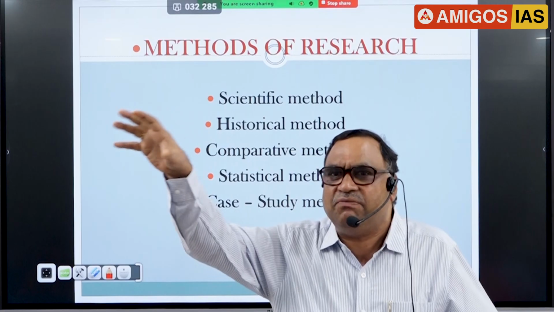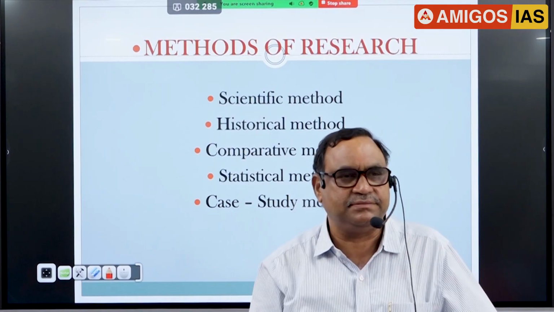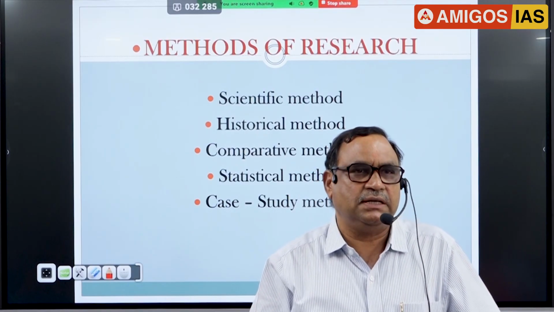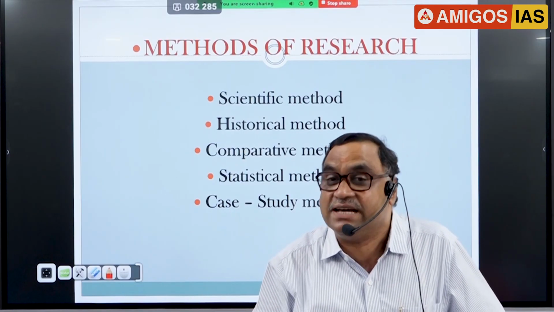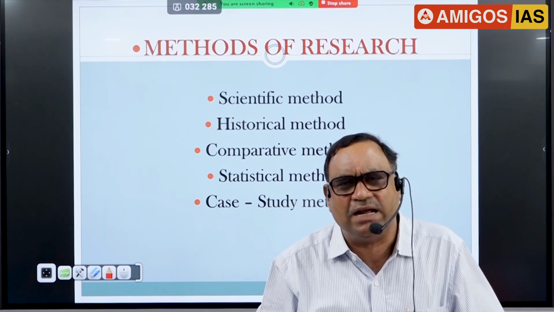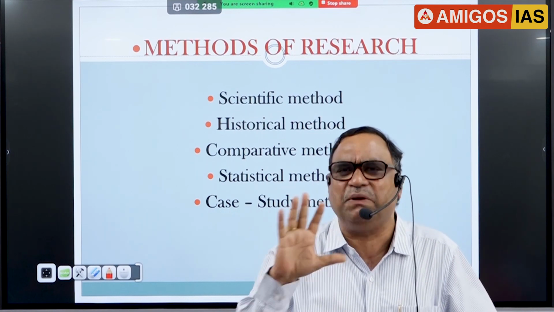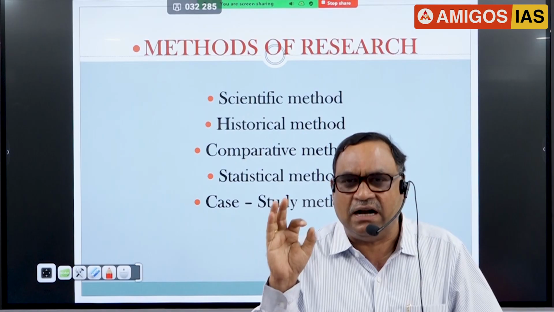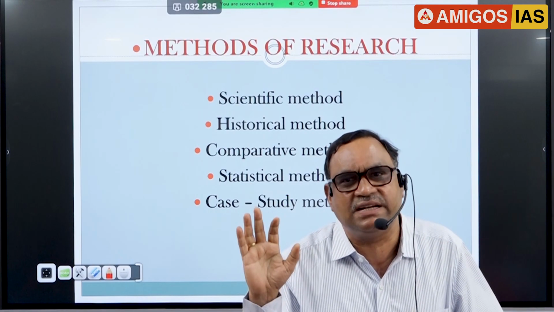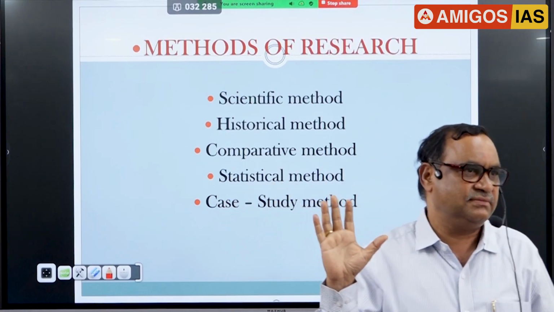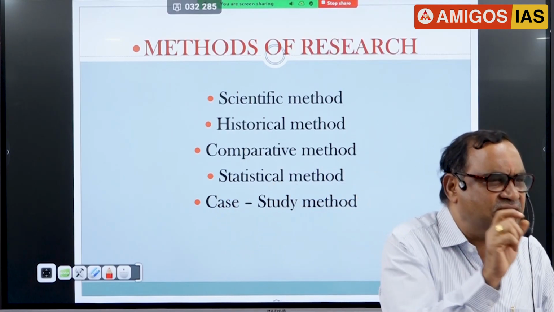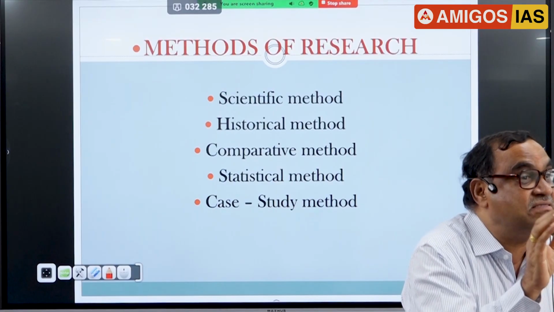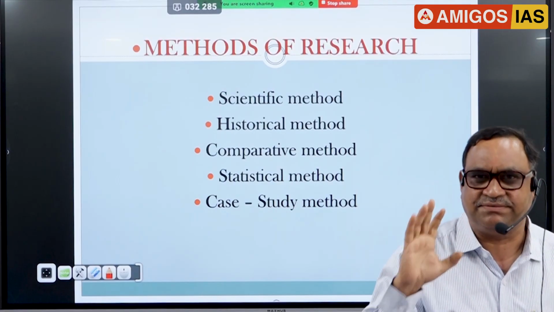Then that will be helpful for policy making. But what is research? There are many definitions for research, but I want to simplify this. Discovering the undiscovered knowledge is research. Very simple. Discovering the undiscovered knowledge is research.